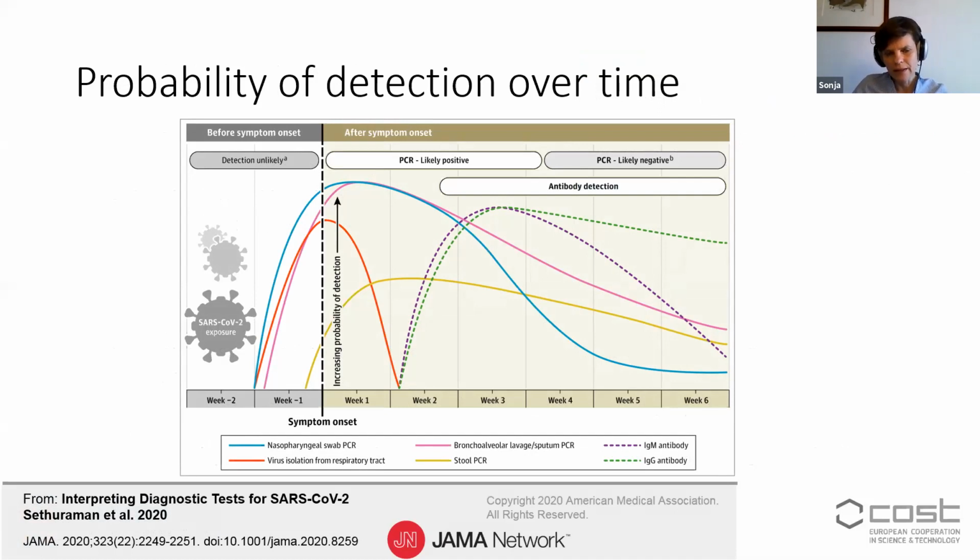What you can see here with the solid lines is the RT-PCR, and the colors are due to different specimens which were taken. Looking particularly at the first 2 weeks, you see that there's quite a high probability of detection, and then this decreases slightly, whereas for the antibody detection, which is marked with dotted lines in violet and green, this just starts later.